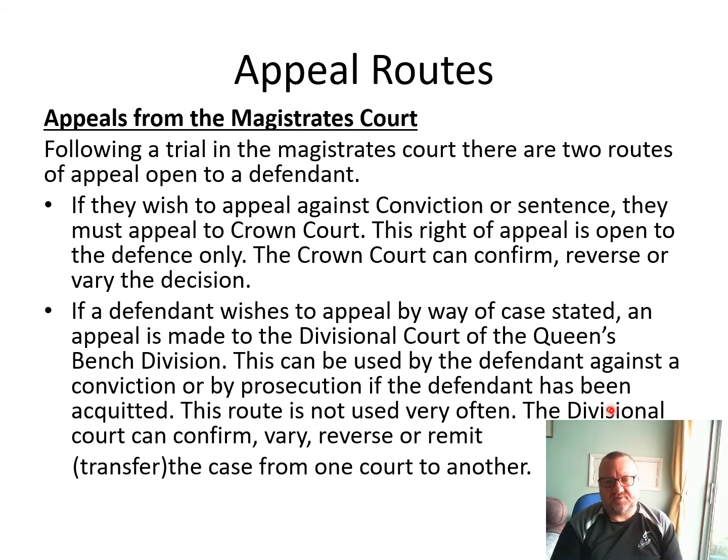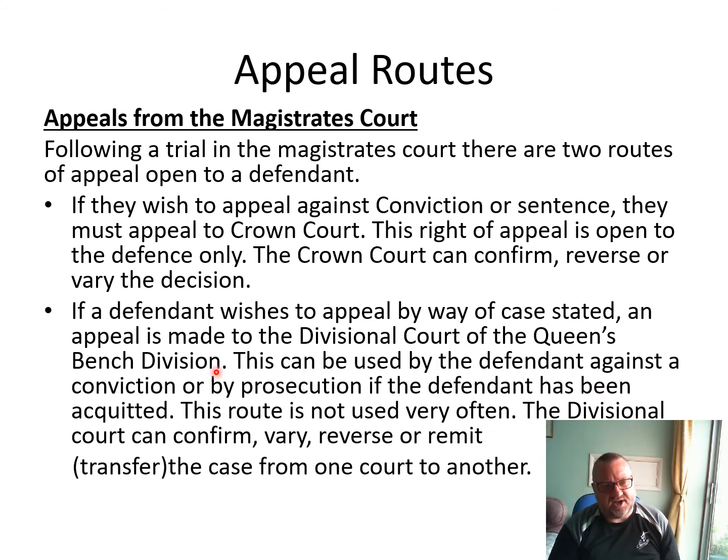If a defendant wishes to appeal by way of case stated, an appeal is made to the Divisional Court of the Queen's Bench Division. Okay. And this can be used by the defendant against a conviction or by prosecution if the defendant has been acquitted. So this route is not used very often. Okay.